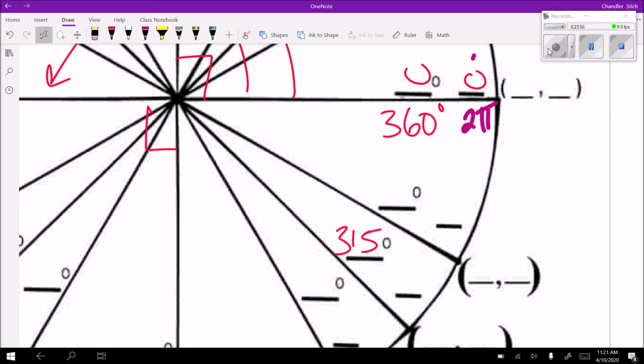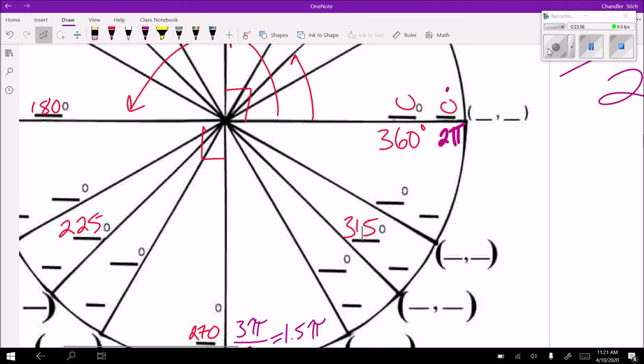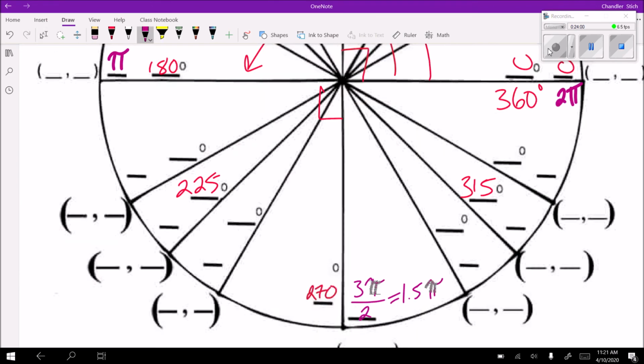Radians wise, let's see, this is pi, and this is 3 over 2 pi. Okay. And then the other side, the 315 would be 7 pi over 4, which I wrote 7, 4.